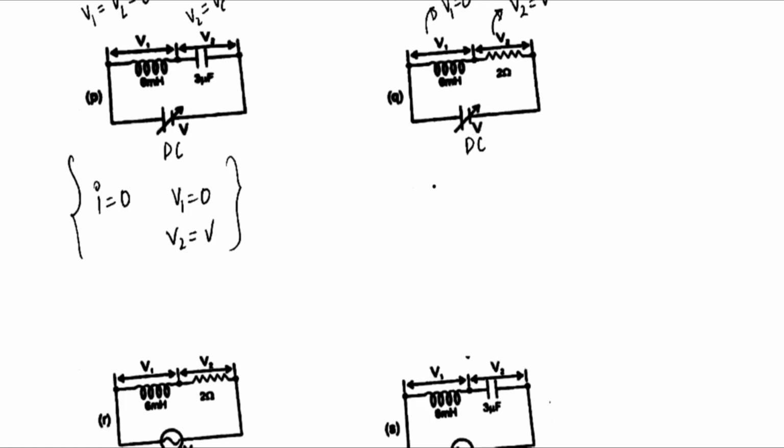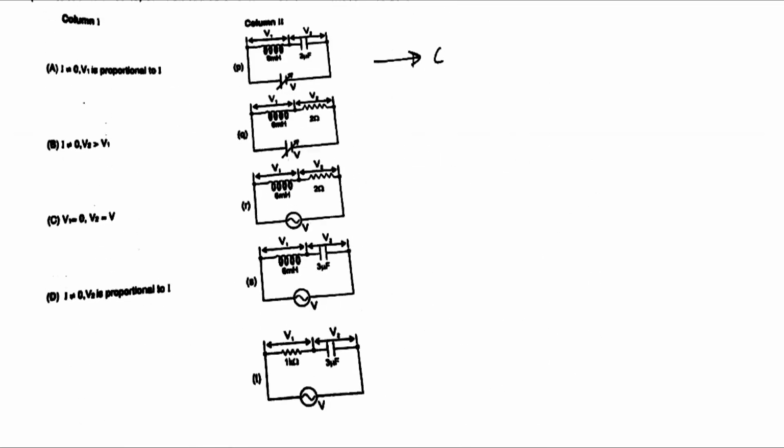The current I is equal to V upon R, when the potential drop V2 is equal to IR, and V1 is 0 and the current is not equal to 0.